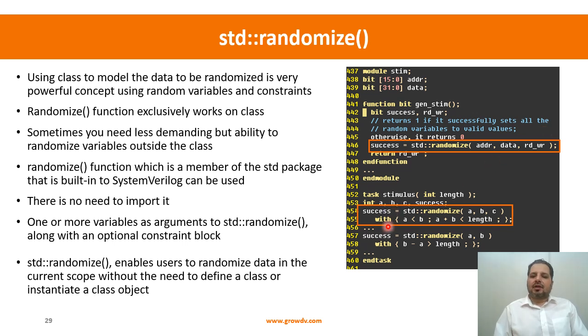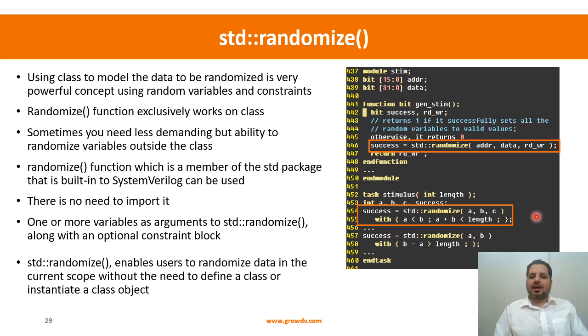You can also define an optional constraint block within std::randomize. If you look at the second example on line 454, I am able to call std::randomize on a set of values, and I am using the inline constraint mode with, and I am saying a less than b, and then a plus b should be less than some length, right?